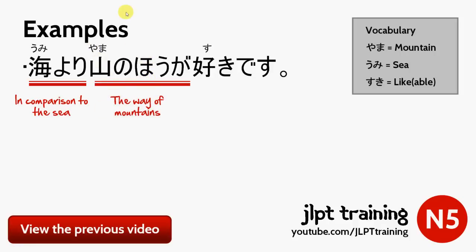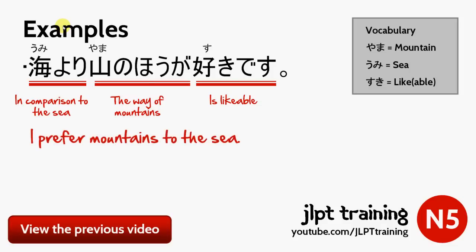Obviously we wouldn't translate it like that in English, but literally that's what it means. And then suki desu is likable. Of course, the verb suki is likable, but we use it as to like in English. So the translation for this sentence would be, I prefer mountains to the sea. So the way of the mountains in comparison to the sea is likable. That's how we translate that one.